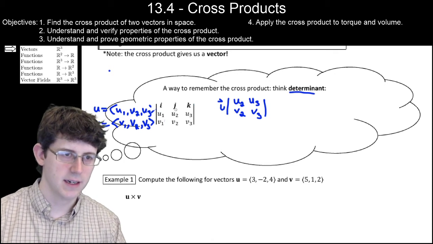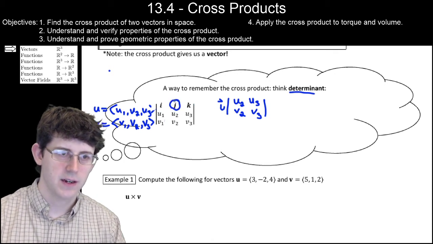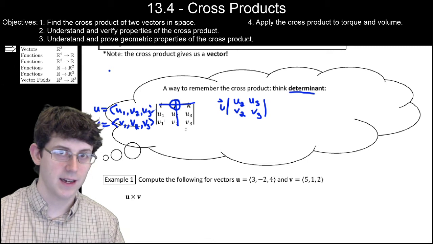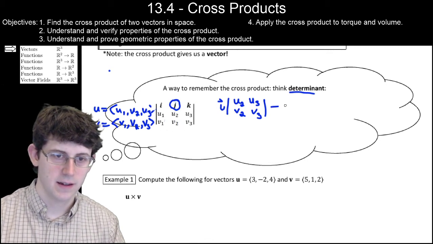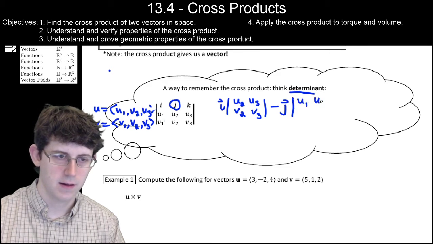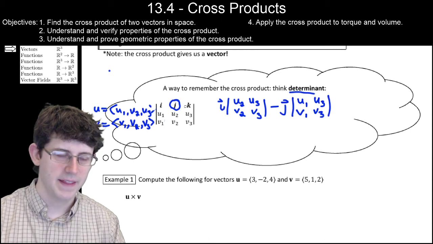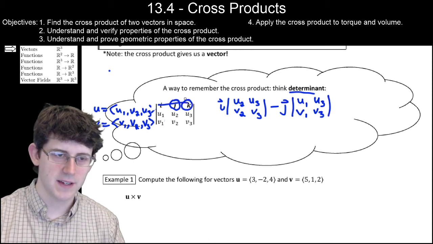Then grab the second component of the first row, cross off its row and column, and see what's left, and do the determinant of that matrix with a minus. And then do the same thing with the last one, cross off its column and row, and there's a smaller matrix sitting there.